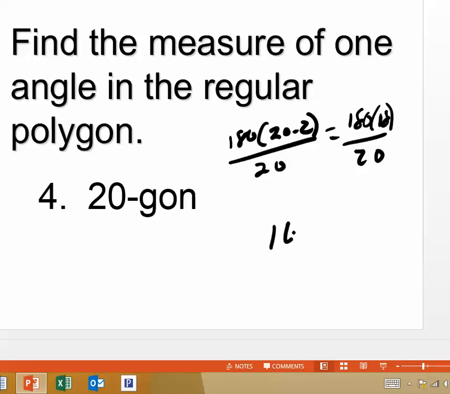That comes out to 162 degrees. Once again, page 620, numbers 7 through 18.